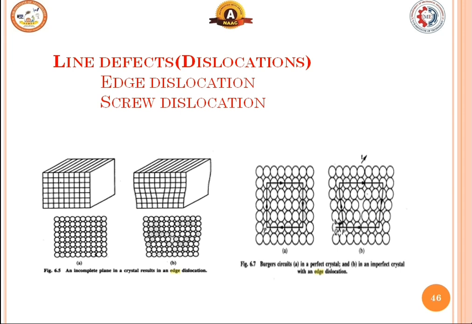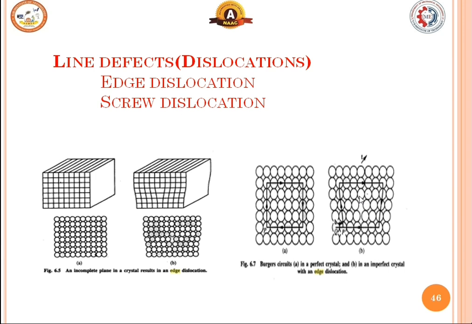Here you can see there will be a cubic structure where the atoms will be the same. If there is no atom in the arrangement of the crystal at the center, then you are going to have an edge dislocation. So here edge dislocation happens. If it is taken into Burgers vector, you can see a perfect crystal where there is no dislocation of atoms, but in an imperfect crystal there will be an edge dislocation.